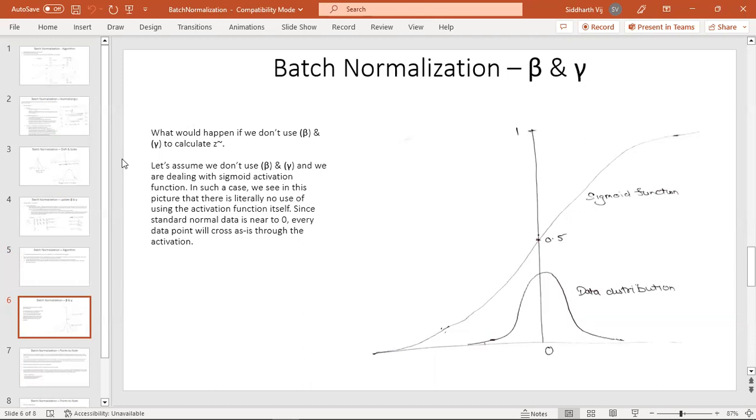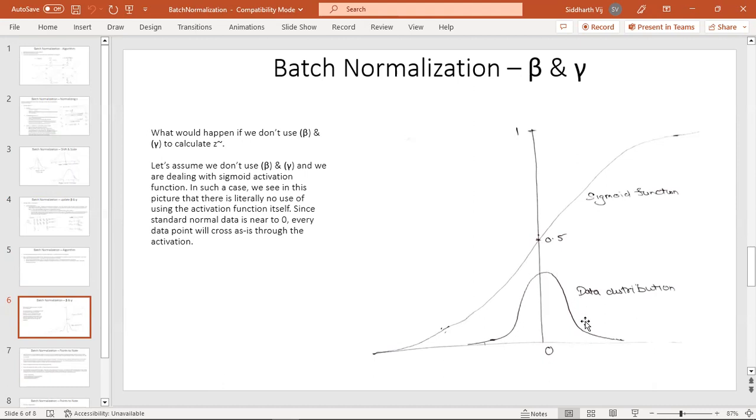Once we do normalization, the mean of the entire Z values would shift to 0. Assume that you are using a sigmoid function as an activation function. If you apply batch normalization to the second layer and you don't use beta and gamma, but the activation of the second layer uses sigmoid, in that case, you could see this kind of behavior.